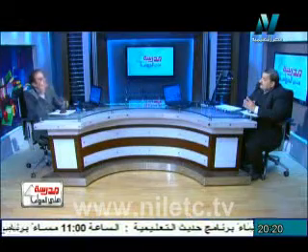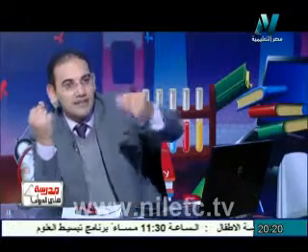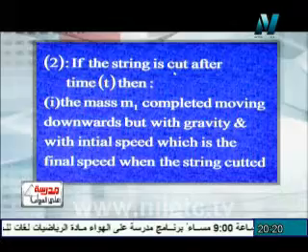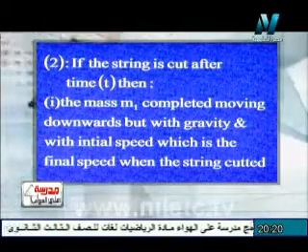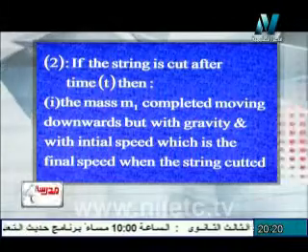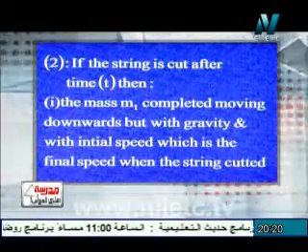And we will deal with this body as a body falling under the force of gravity, اللي هو الموشن رولز اللي احنا كنا بناخدها في سنة تانية. Therefore, in this case, the body M1 completes moving, but with gravity, and the initial velocity is the velocity at the moment when the string is cut.